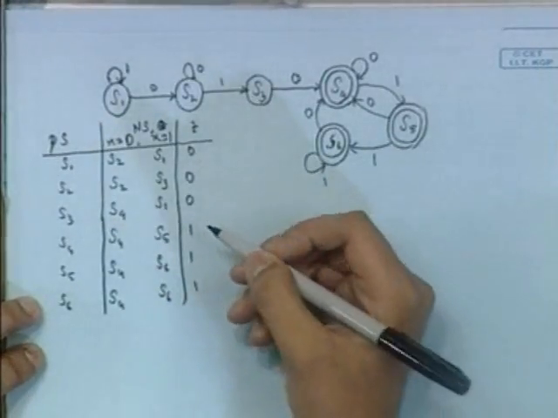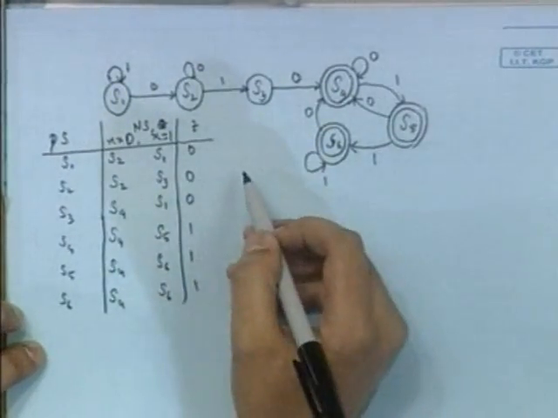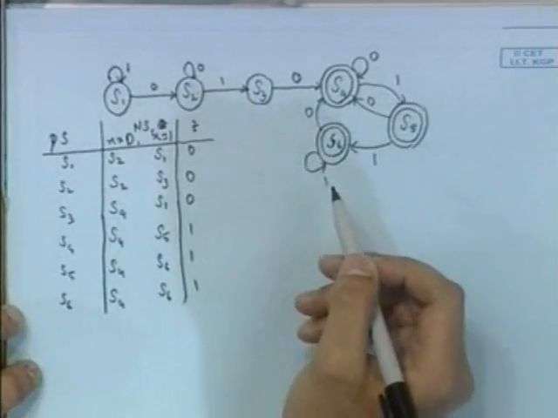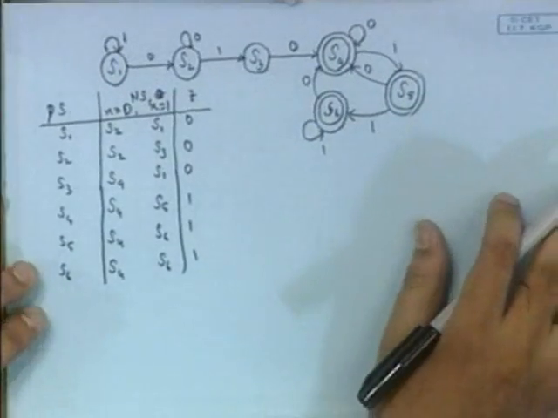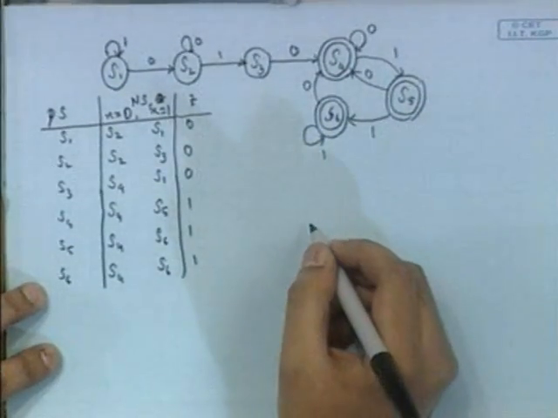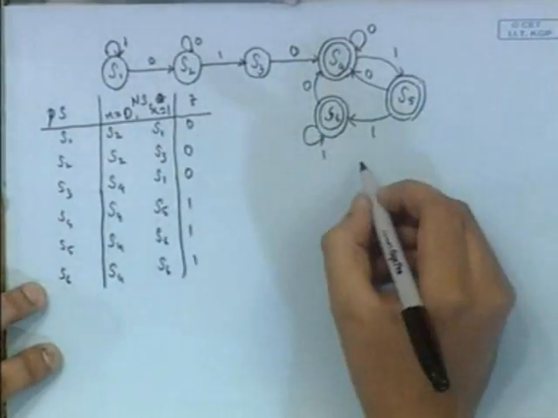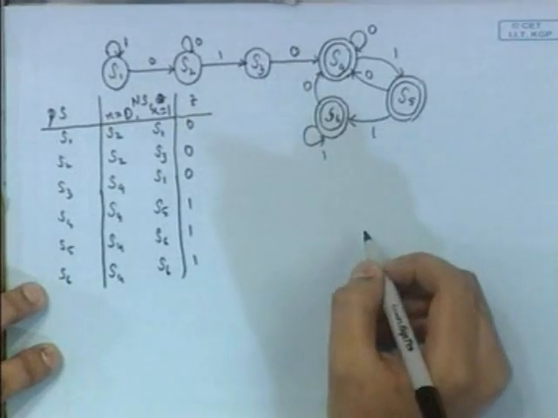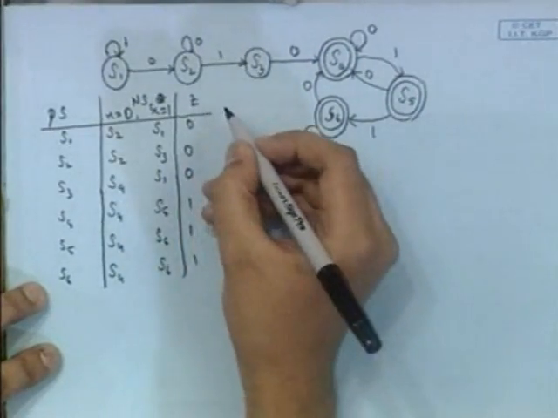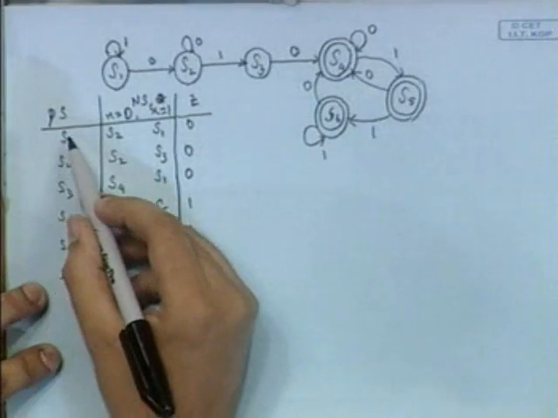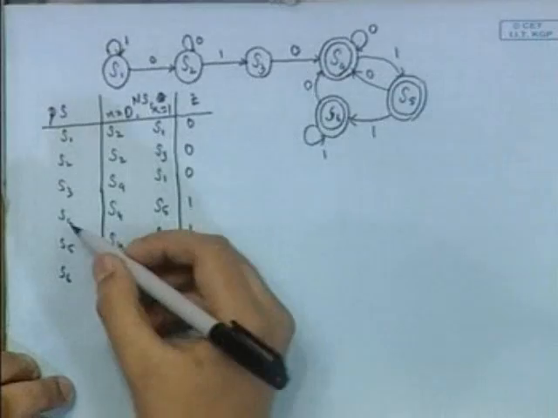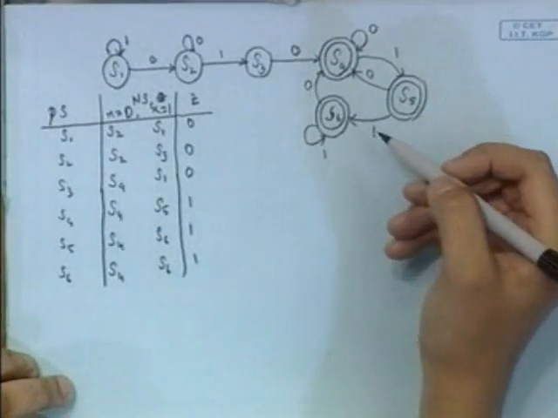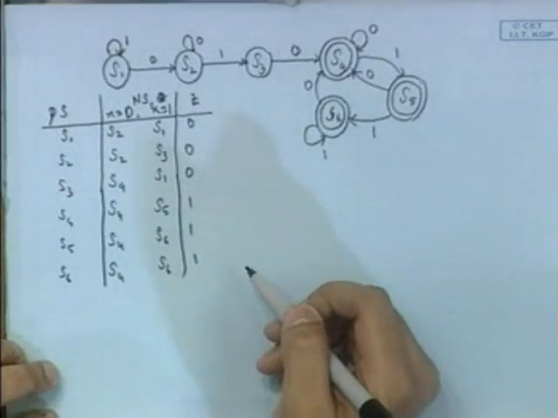These zeros and 1s indicate whether the states are final states or not. What we can do is consider Z as the output which specifies whether Si is a final state or not. S4, S5, S6 are final states, so the outputs are 1.